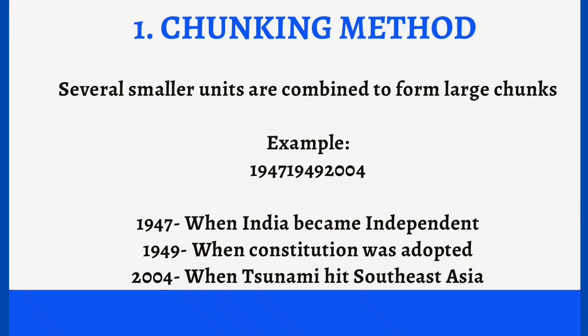And we can learn these numbers by connecting them to certain events. Like 1947 can be learned as when India became independent, 1949 when the constitution was adopted, and 2004 when the tsunami hit Southeast Asia. So this is how we can learn this large number by breaking it into smaller parts.